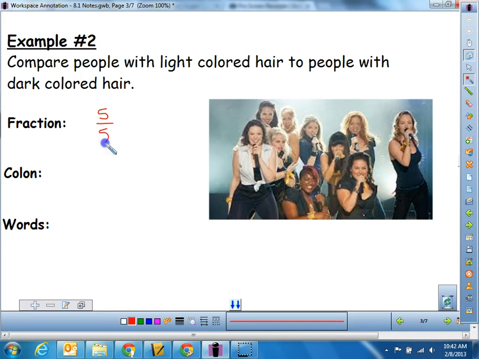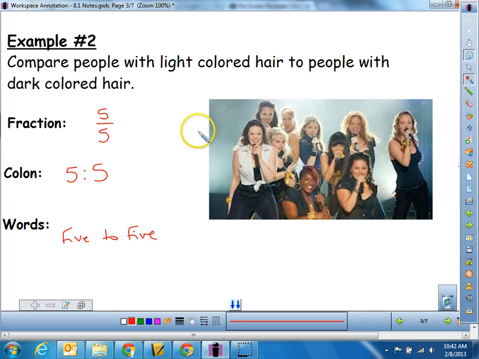Did I count that right? 5 and 5, we got 1, 2, 3, 4, 5, 6, 7, 8, 9, 10. Wow, half and half. So now I can use the colon, those 2 dots, and put it as 5 to 5, or I can write it in words, 5 to 5.